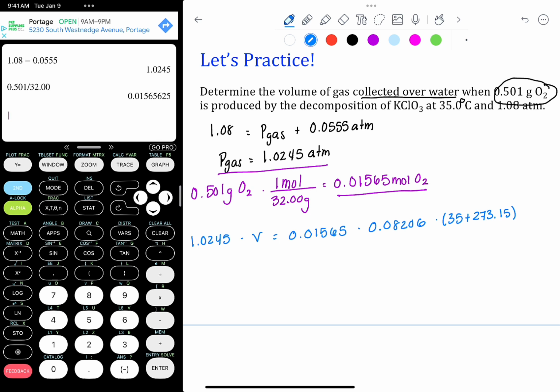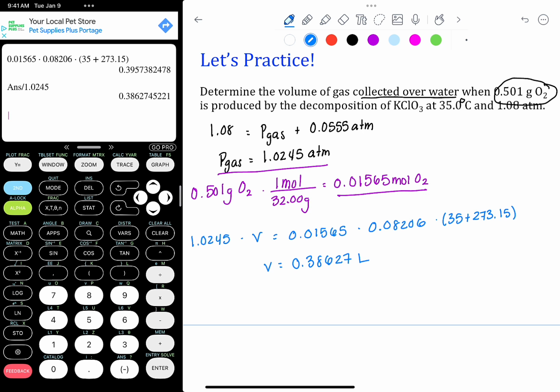So we're going to take the moles, 0.01565, multiply it by R, and multiply that by the temperature, 35 plus 273.15. We'll divide that by 1.0245 so that we can isolate the volume by itself, and we get a volume of gas of 0.38627 liters.